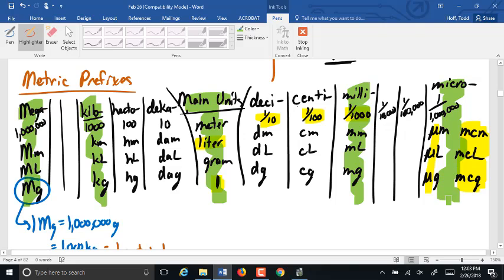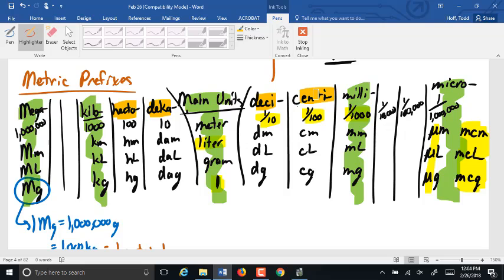The other units in between there, like hecto and deca and deci and centi, don't tend to get used very much. And it's just basically because the thousands were easy to convert, and it's not so hard to have 700 millimeters. You don't need to jump to 70 centimeters or whatever.